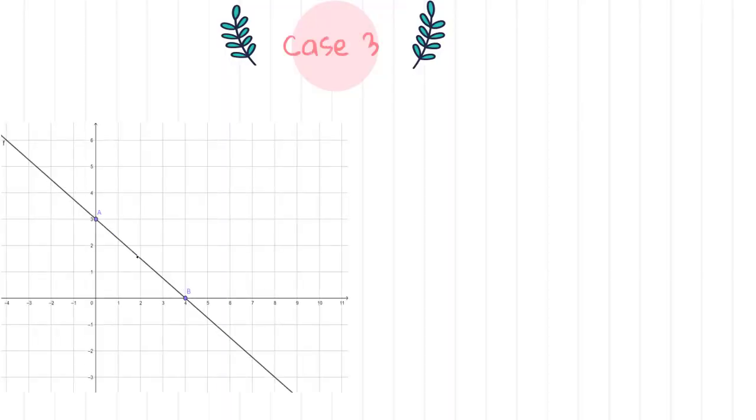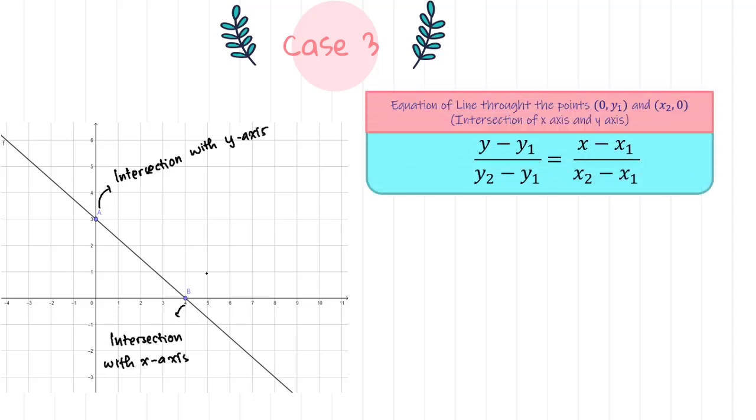For the last case, if we have a line like this, and the line has an intersection with the x and y axes, it will be easier to find if we use a formula like the previous formula: (y - y1)/(y2 - y1) = (x - x1)/(x2 - x1).